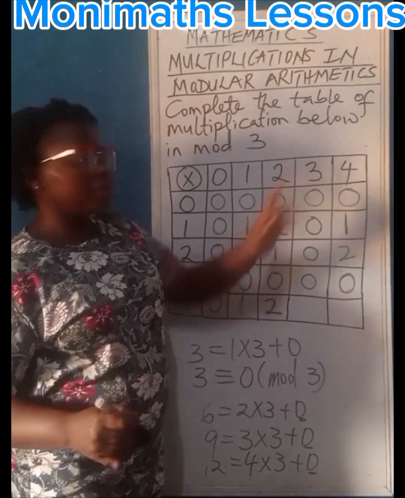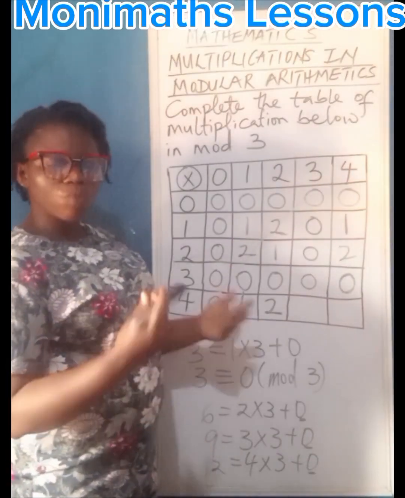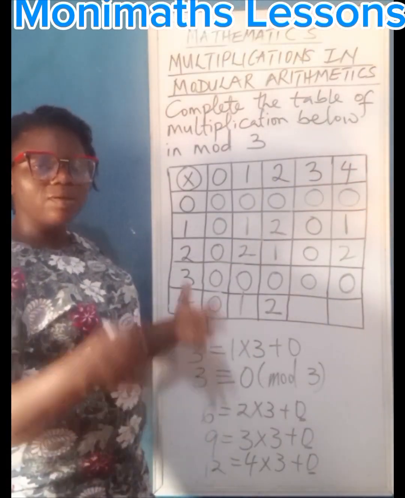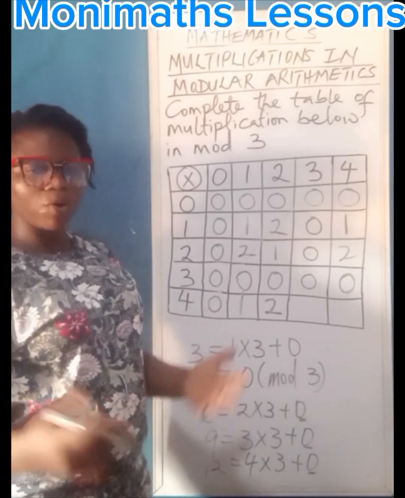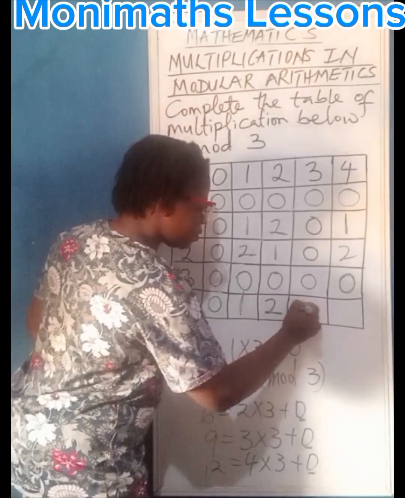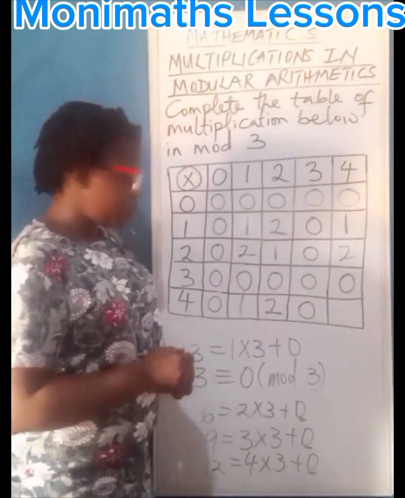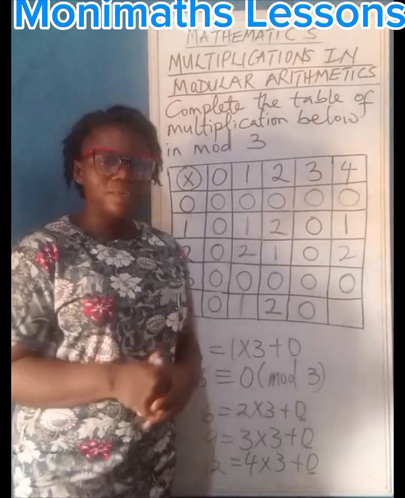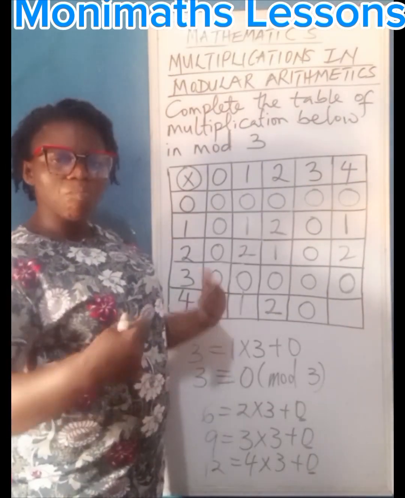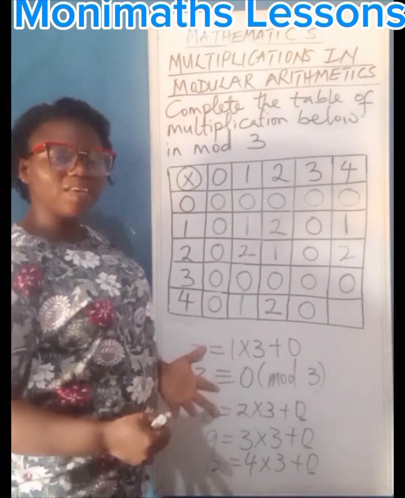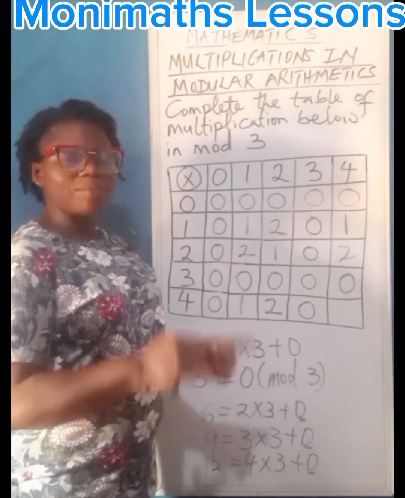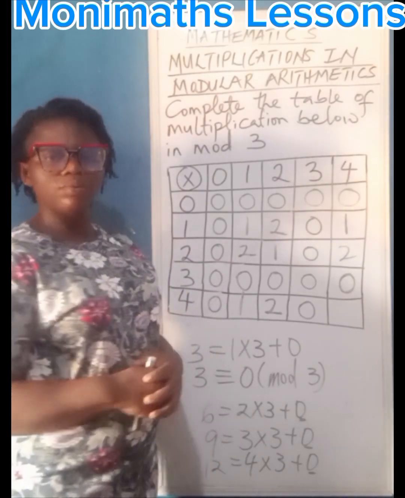4 times 3 is 12. 12 in modulo 3 is 4 times 3 plus 0. The equivalence is 0. 4 times 4 is 16. In modulo 3, 16 is going to be 5 times 3 plus 1.